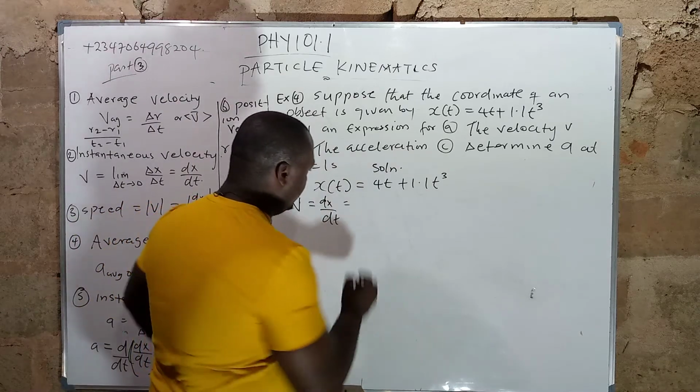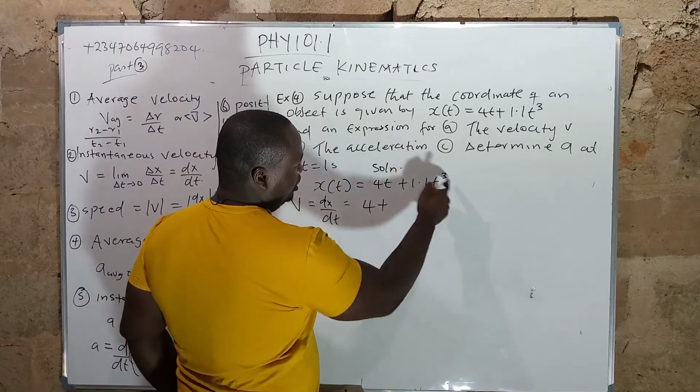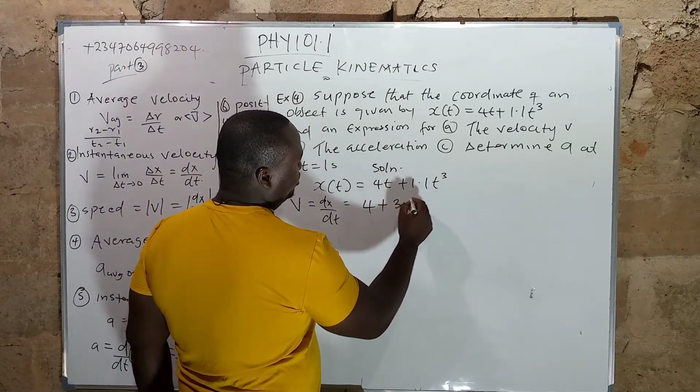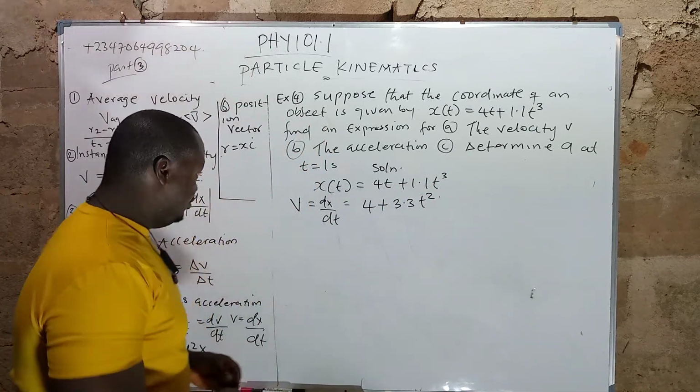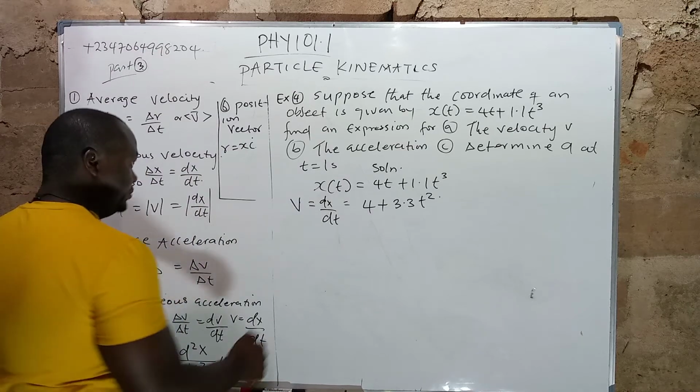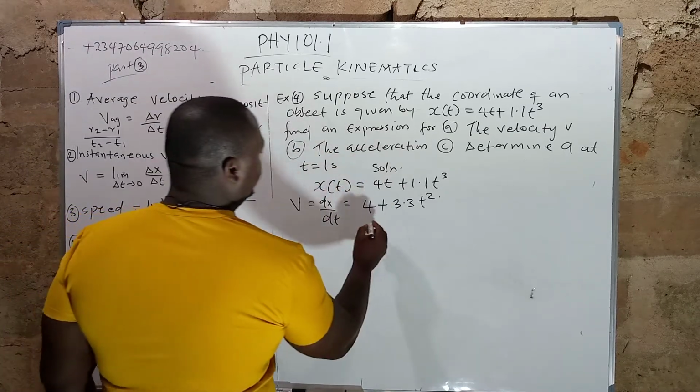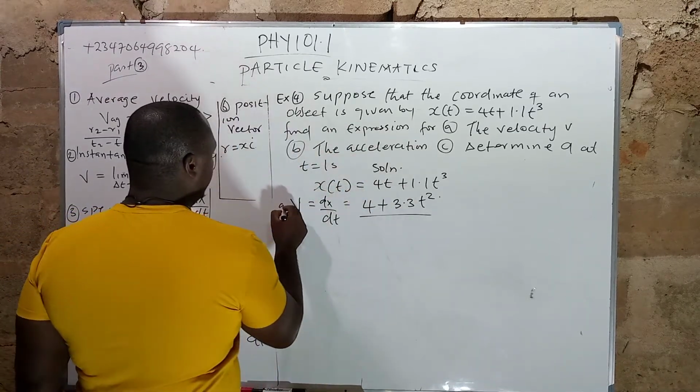Differentiating this, of course, you have 4. This will give you 3.3t squared. I'm not teaching you differentiation in this video, it's on my channel. This is the answer to number A.